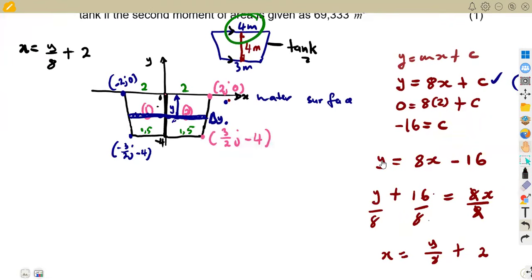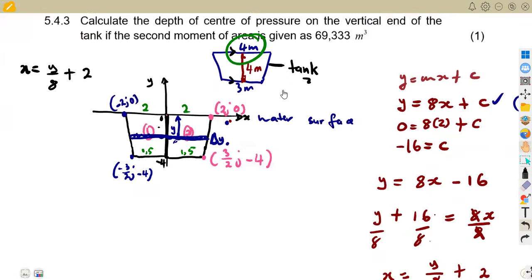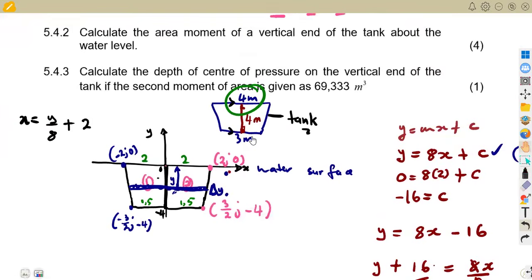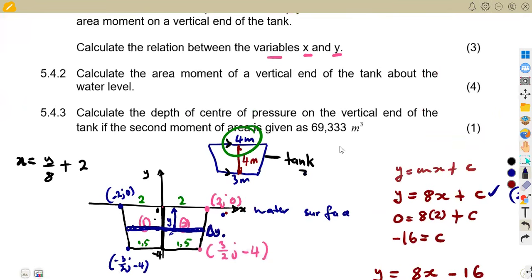So with this information that we have, the question further on says that we need to determine in 5.42, calculate the area moment. When it is just area moment, it is the first area moment. Second area moment, they state it as second. For the first area moment, they don't state it, they just say calculate area moment.